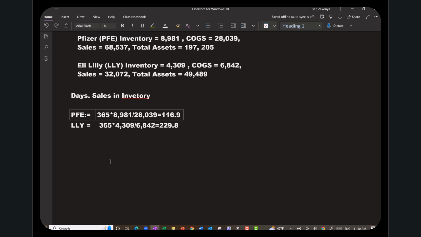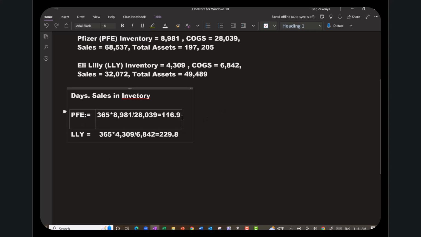But let's say I am the COO or CEO of Eli Lilly. And I look, it takes me 229 days, 7.5 months to sell my inventory. Pfizer does the same thing in less than 4 months. What's the first thing I can do or should do?